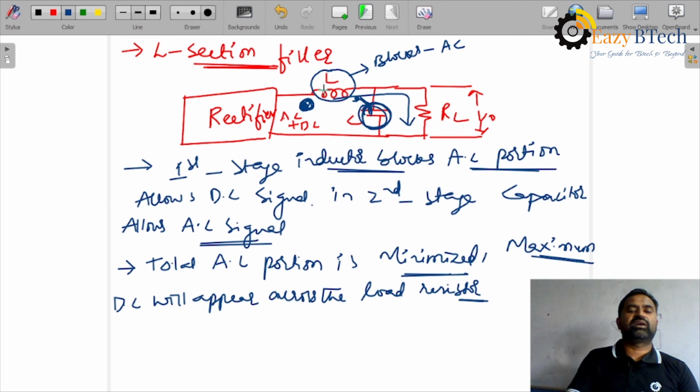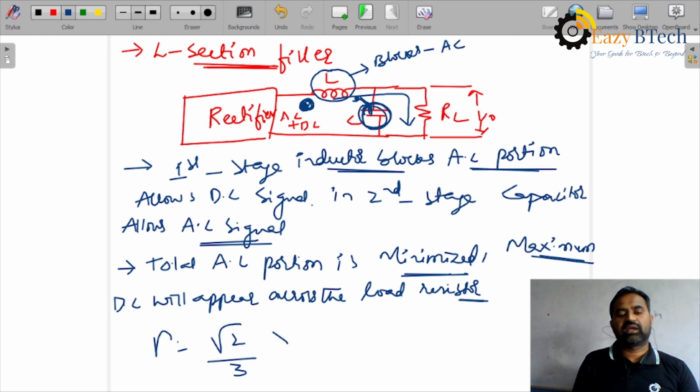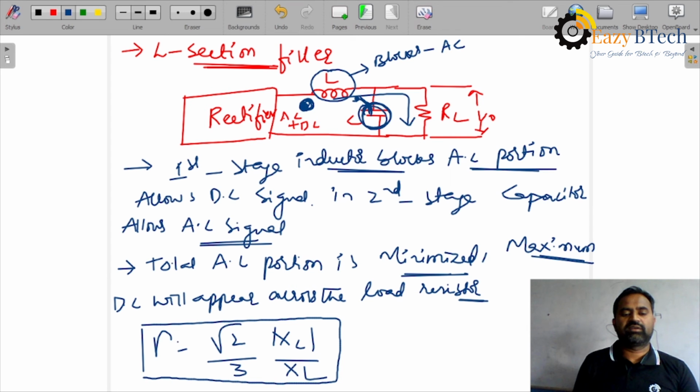The inductor and capacitor principles work in such a way that we get the ripple factor root 2 by 3 XC by XL. This is the ripple factor for the L section filter or LC filter.